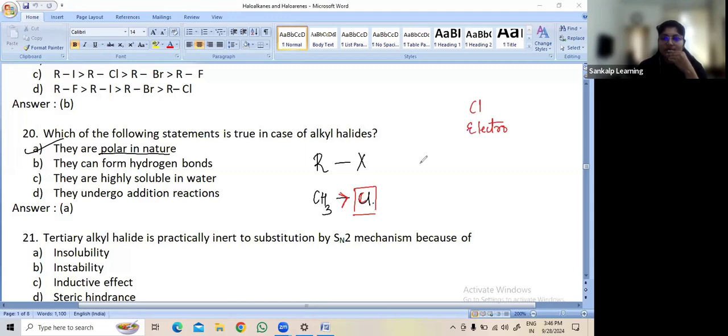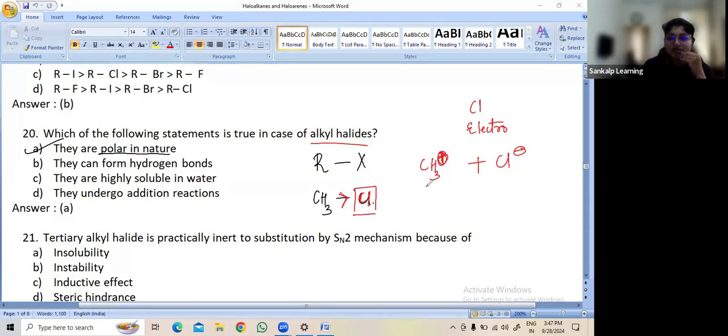So as a result, what will happen? Your CH3, when this bond is broken, will be left with no electrons, but the chlorine, while leaving, will take a pair of electrons with it. So because of this, alkyl halides are said to be polar in nature. Why? Because chlorine is a highly electronegative atom, so it will tend to pull the electron towards itself. As a result, your methyl group will form a carbocation. What do you mean by carbocation?